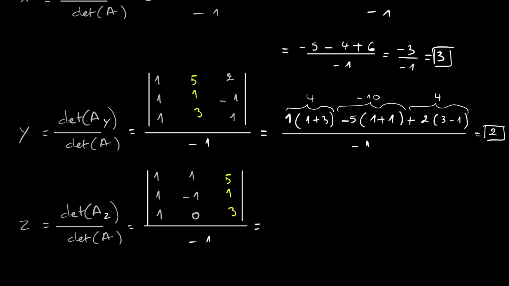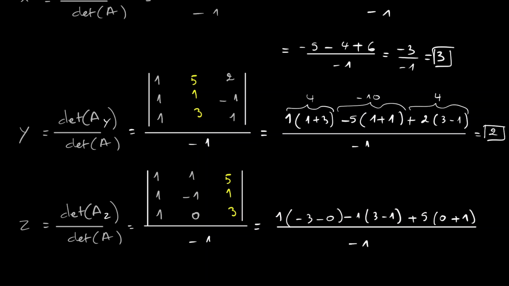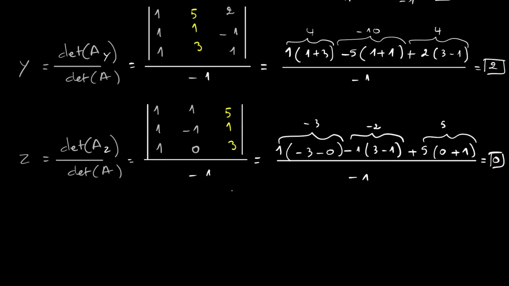And we do the same thing for z. Which is exactly 0. Then our solution of the system is the vector x given by 3, 2, and 0, and both methods give us the same result.